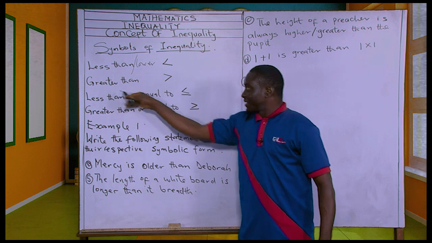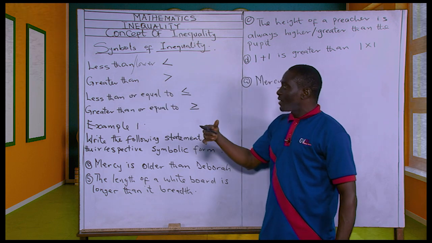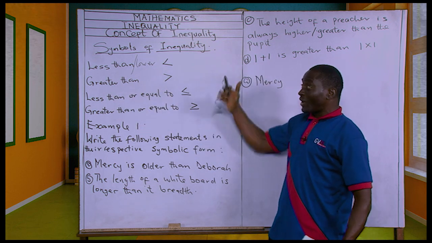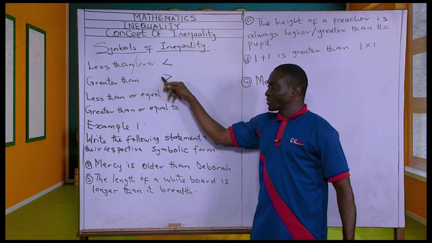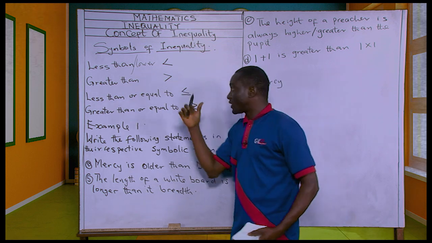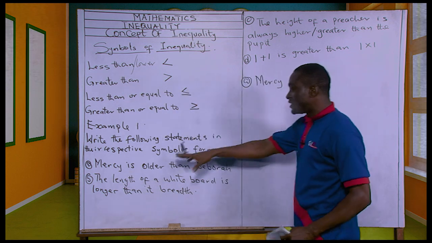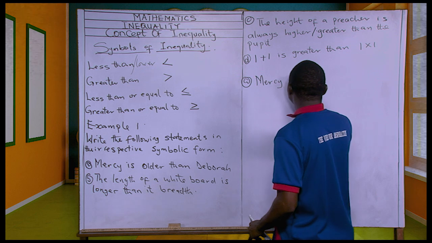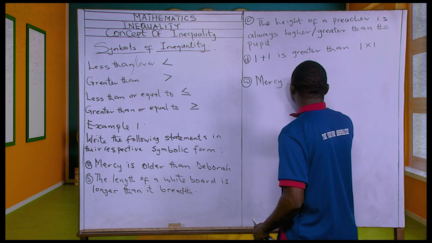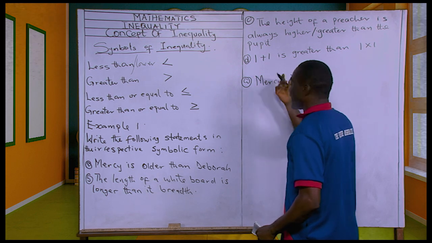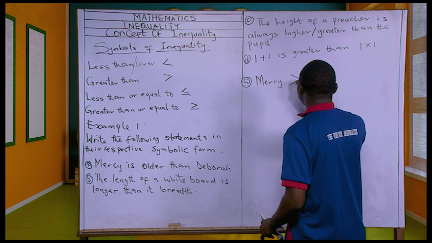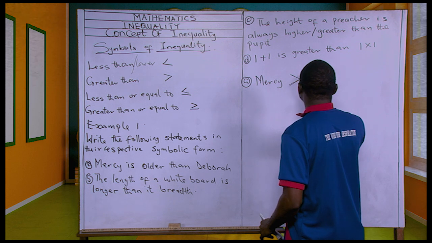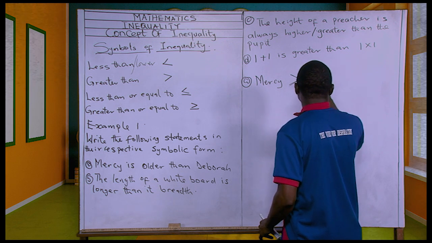While greater than, higher than, bigger than, taller than, we make use of this symbol, and so on and so forth. Now, mercy is older than means we'll be making use of the symbol of greater than. Mercy is greater than Deborah.